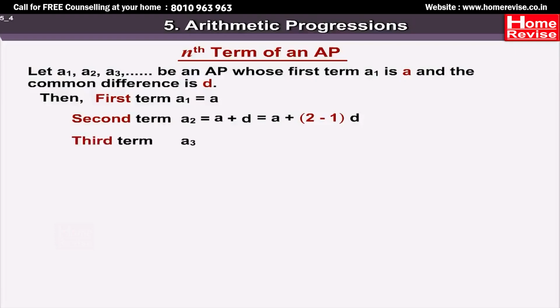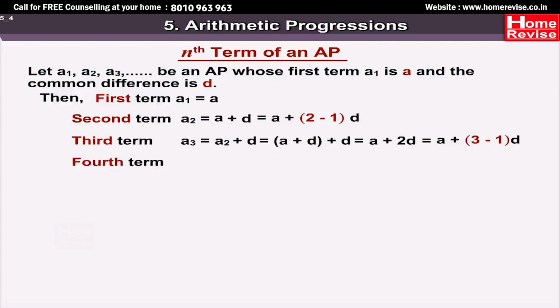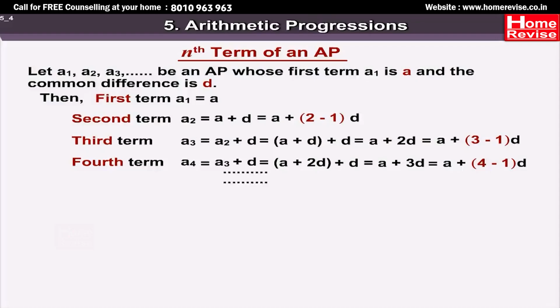The third term a3 is equal to a2 plus d, that equals a plus d plus d, that equals a plus 2d, that equals a plus 3 minus 1 into d. Fourth term a4 is equal to a3 plus d, that equals a plus 2d plus d, that equals a plus 3d, that equals a plus 4 minus 1 into d, and so on.